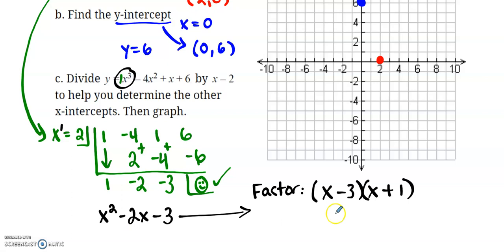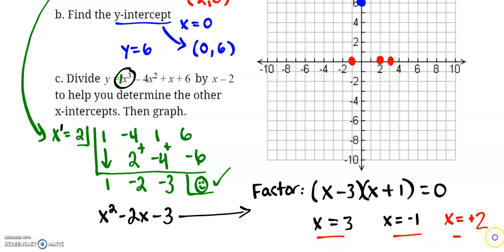Now I can take these other factors and I can say that I know x is going to be equal to 3 and x is going to be equal to -1 because I set each of those factors equal to 0 in my head. So now I've got -1 as an x-intercept and I have 3 as an x-intercept, right? And I'm just going to rewrite the other 0 I have from before, which is +2. So I've got 1, 2, 3 x-intercepts. So I have all my x-intercepts.